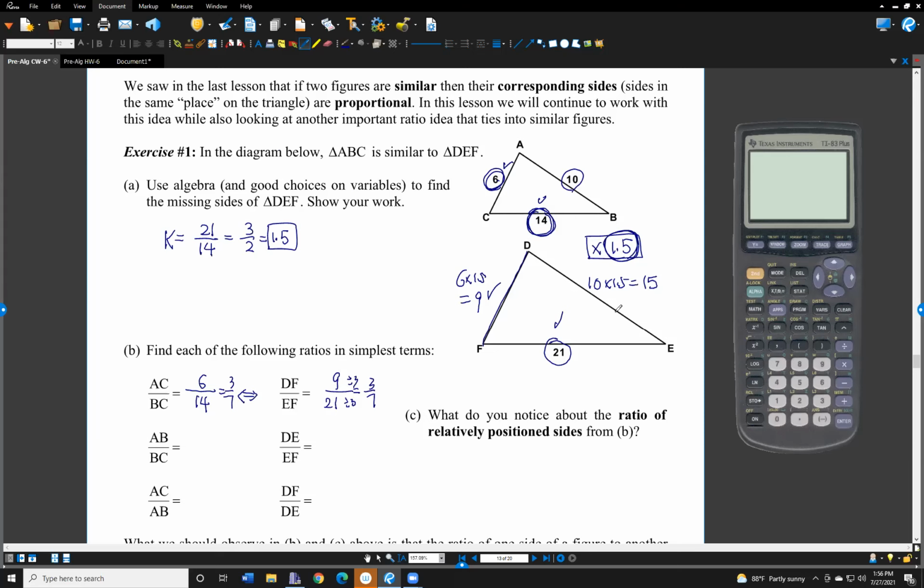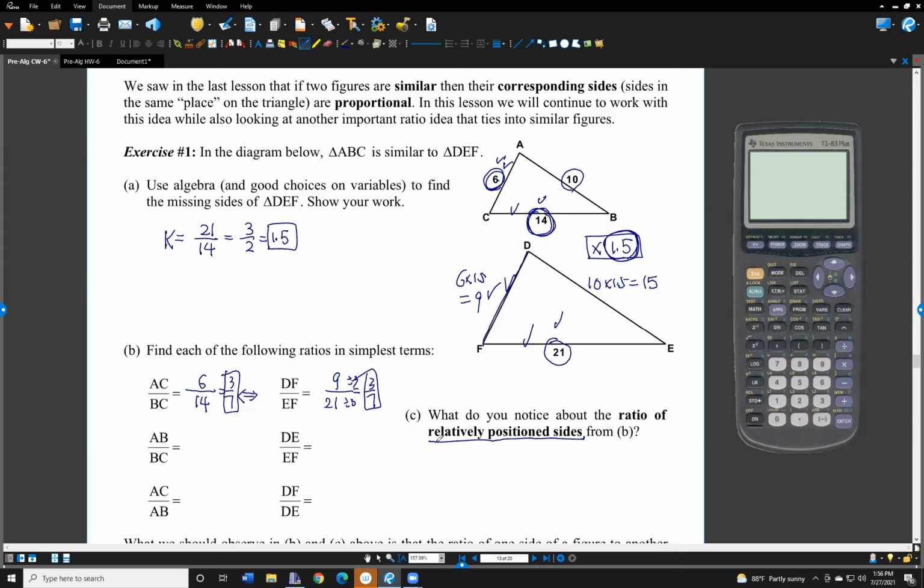We said relative position side: left, bottom, left, bottom. It also has the same scale factor. As you can see, 3 over 7, 3 over 7.